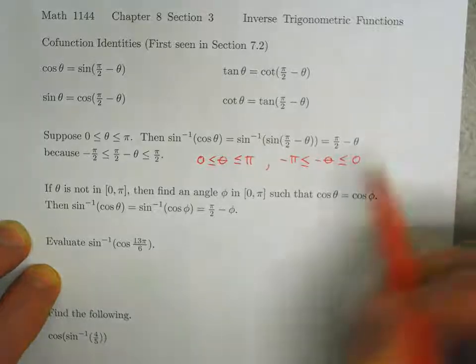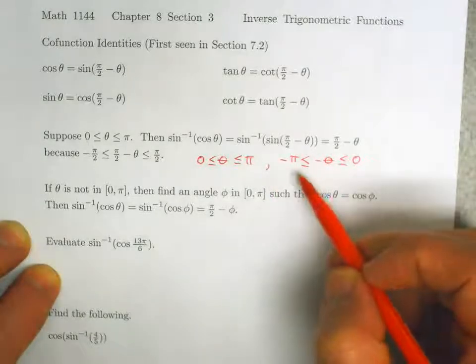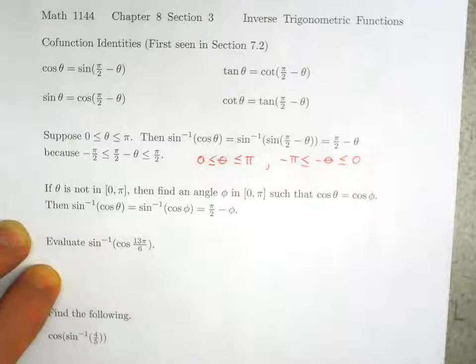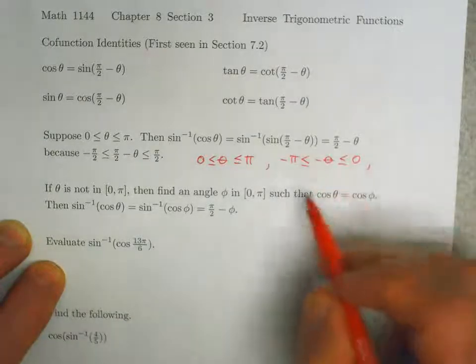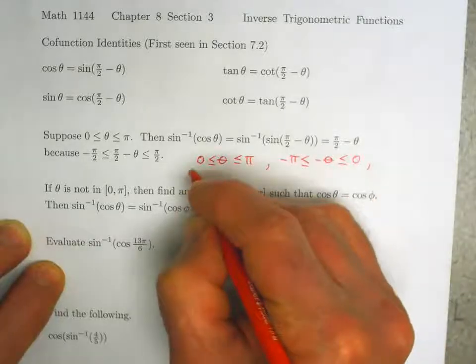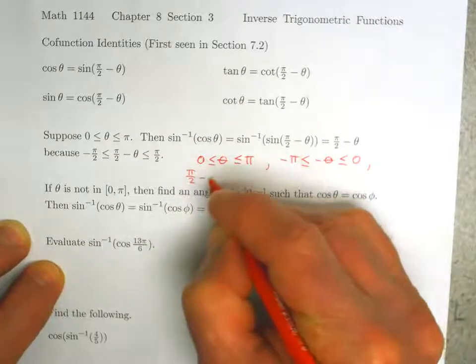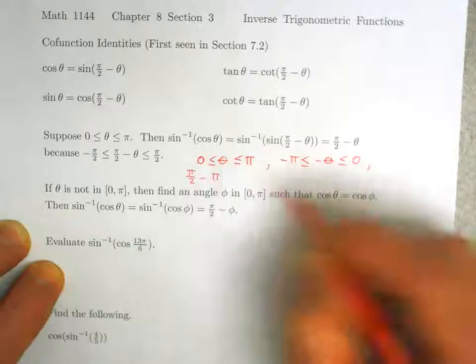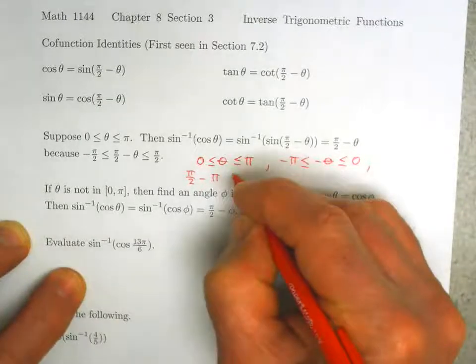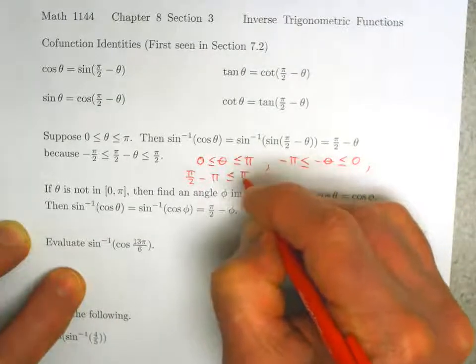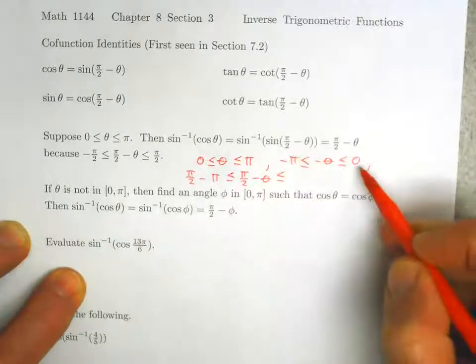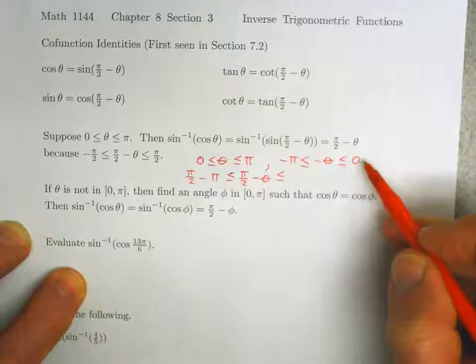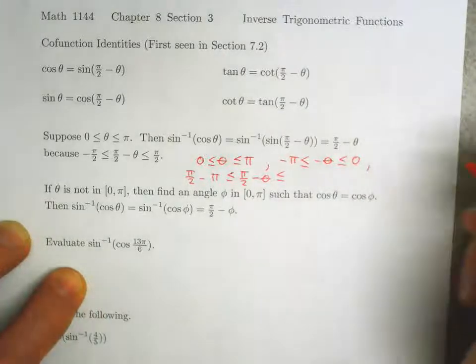And then if I add pi over 2 to all three parts, I get pi over 2 minus pi, then less than or equal to pi over 2 minus theta, less than or equal to 0 plus pi over 2.